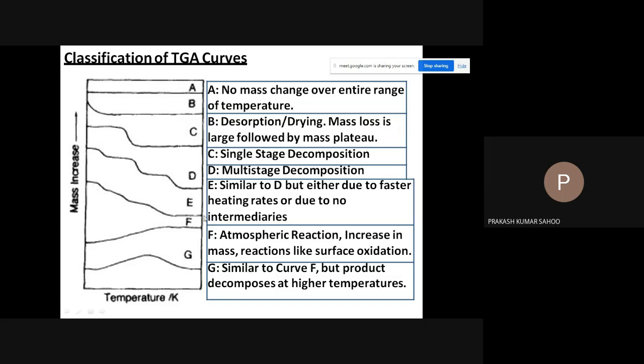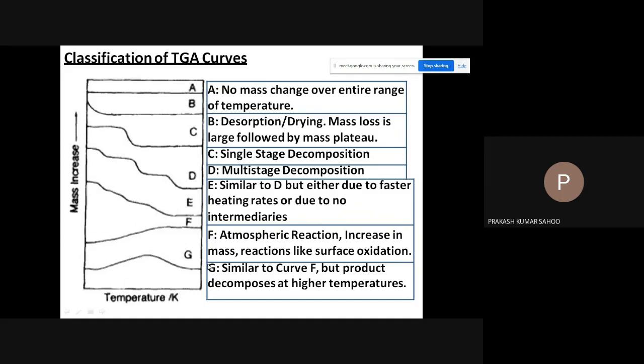Then if I have this type of plot like F type, then atmospheric reaction will be there and increase in mass due to oxidation. Here, just see the mass increase. So this is due to oxidation or absorption or adsorption, or this may be due to some atmospheric reaction. Then at the end we have G type.